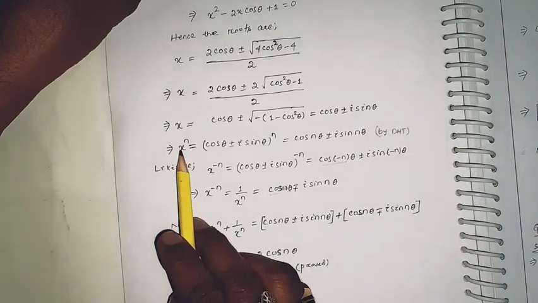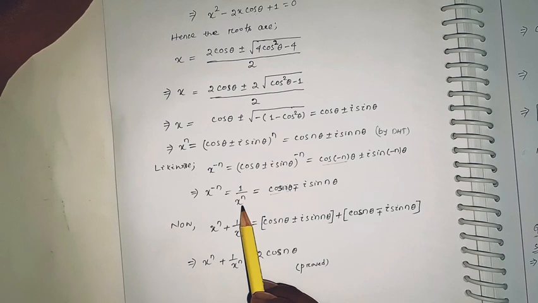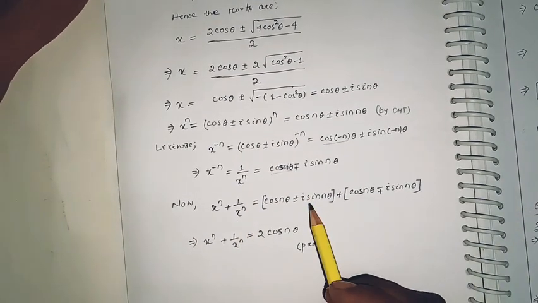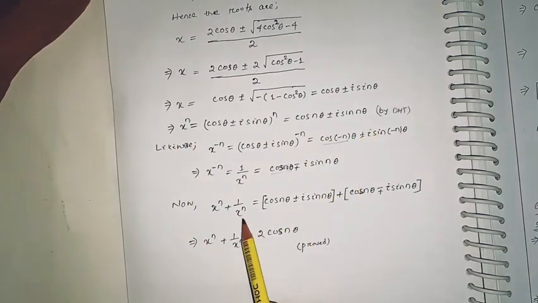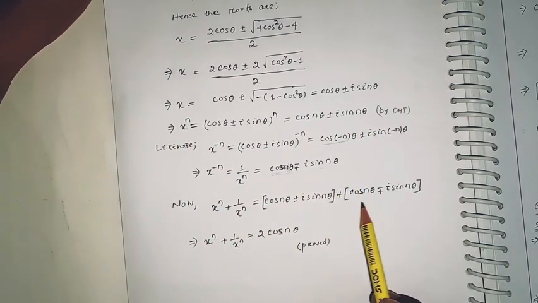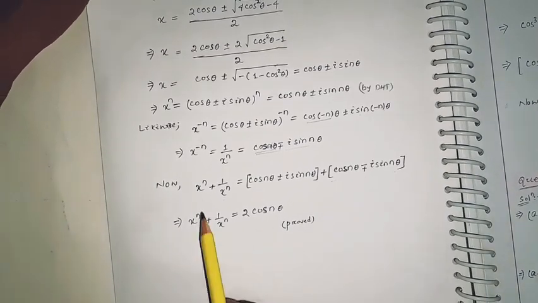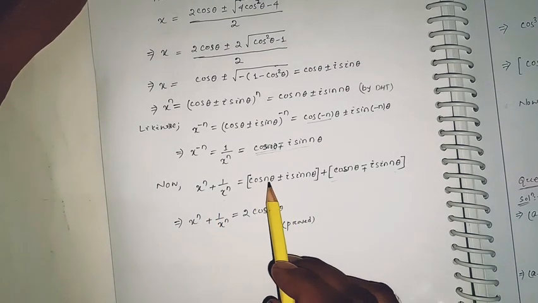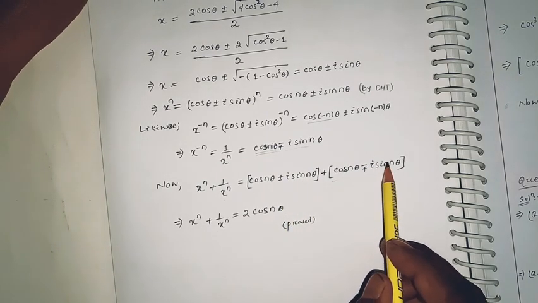Okay. So now x to the power n plus x to the power minus n, which is nothing but 1 by x to the power n. If I consider x to the power n plus 1 by x to the power n, x to the power n is nothing but this one and 1 by x to the power n is nothing but this one. So here you can see x to the power n plus 1 by x to the power n will be cos n theta plus i sin n theta, and here cos n theta minus i sin n theta.